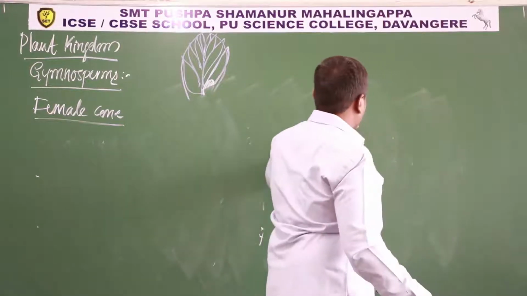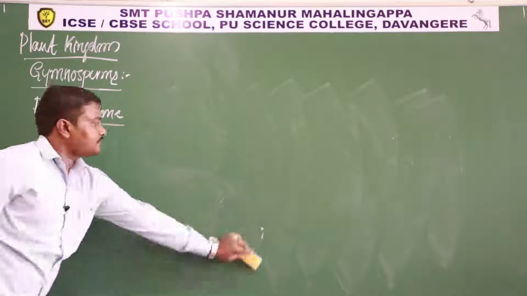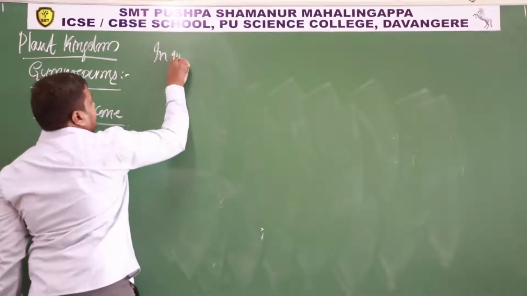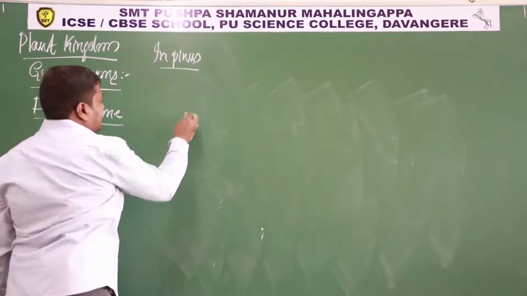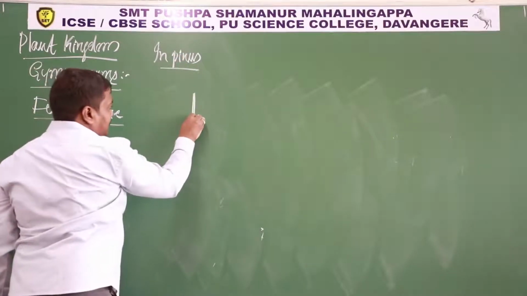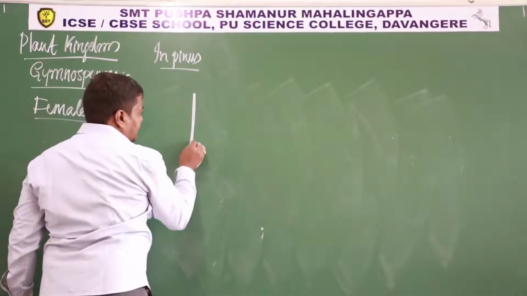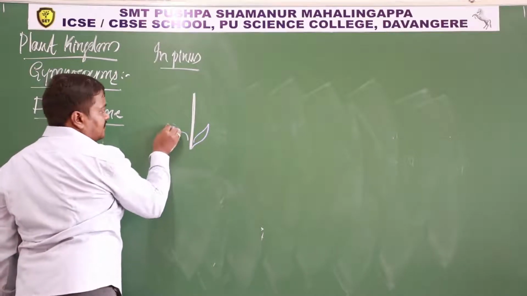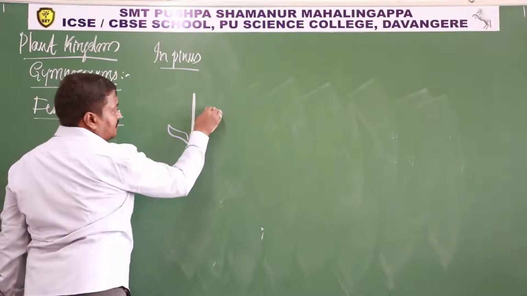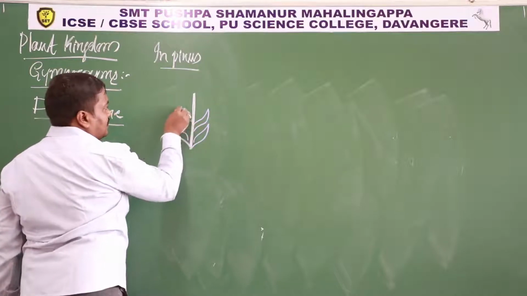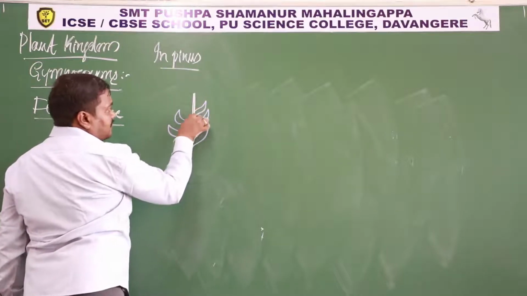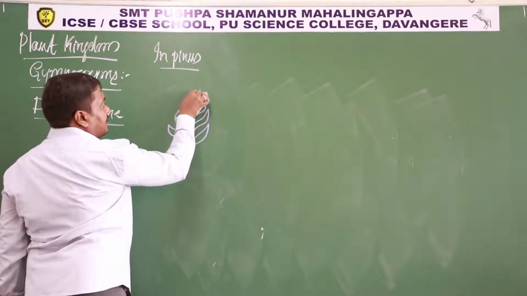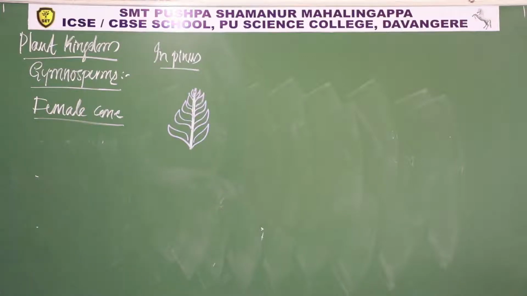In Pinus, how is it? Let's see. The cone consists of a central axis. On both sides of the central axis there are megasporophylls. This is a megasporophyll, this is a megasporophyll. Like this, many megasporophylls are present in a single cone.